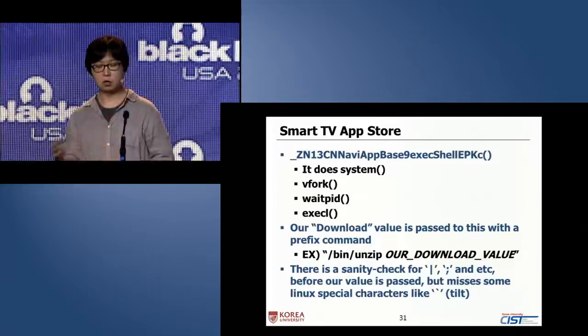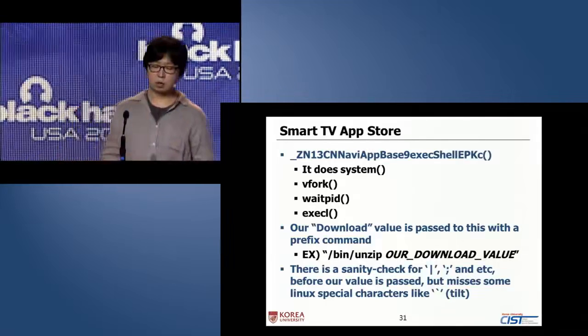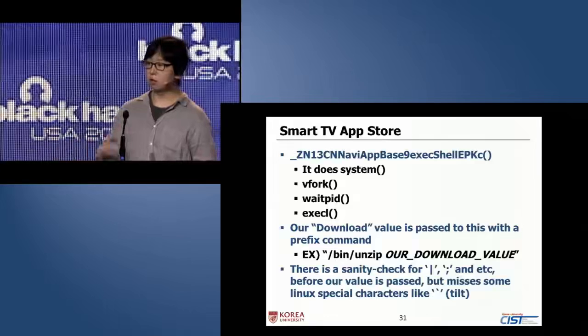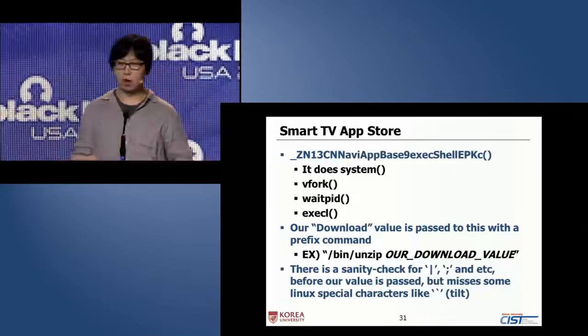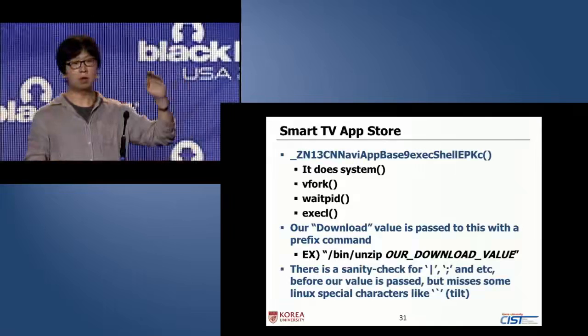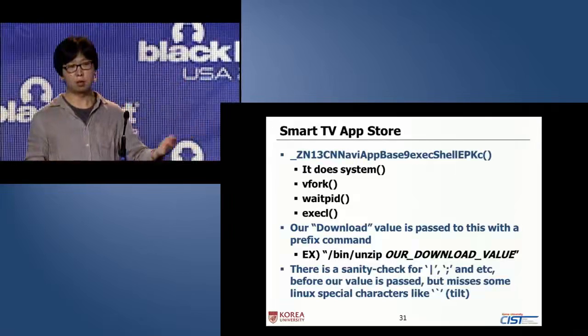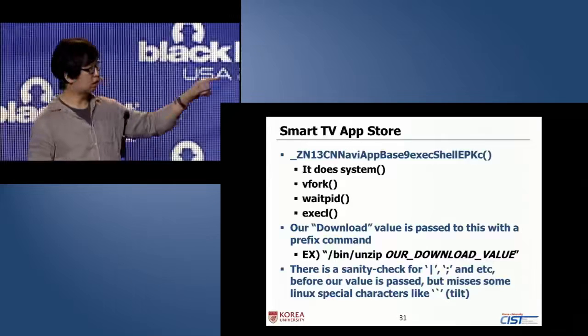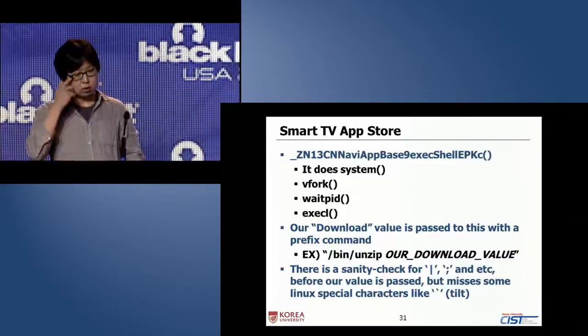It actually does fork with PID exe shell. It's almost the same as the system function. And the problem is that the download URL is a zip file. So after downloading it, they have to unzip the file, but they use the internal binary, /bin/unzip.